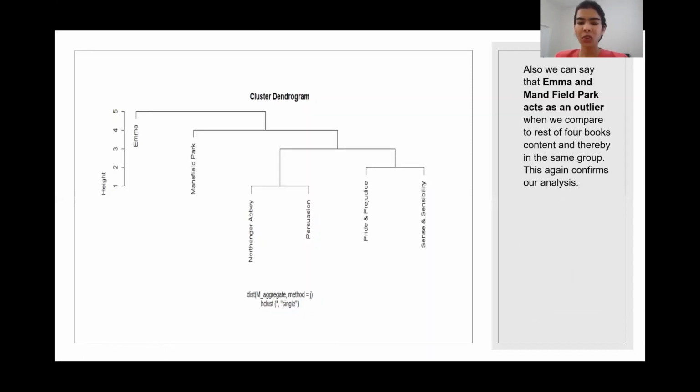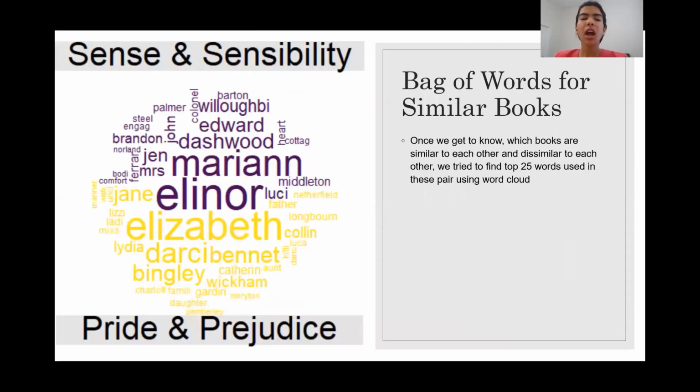Once the clustering was done, I was interested in how to get the most frequent 25 words among the pairs which share some sort of similarity. So again, I created a word cloud for those pairs. For example, as Sense and Sensibility and Pride and Prejudice were sharing some similarity, I tried to find the top 25 words in this pair.